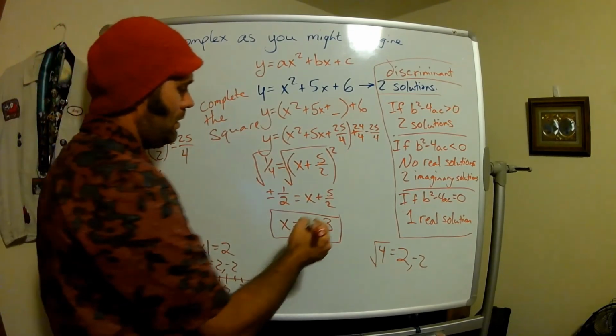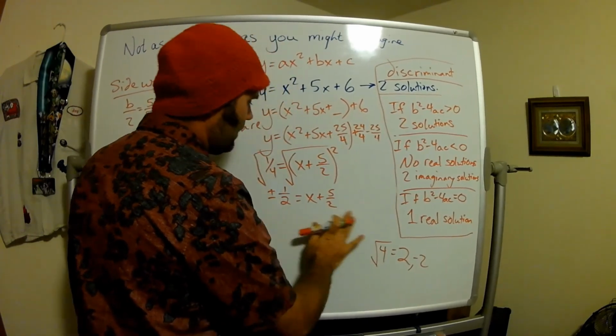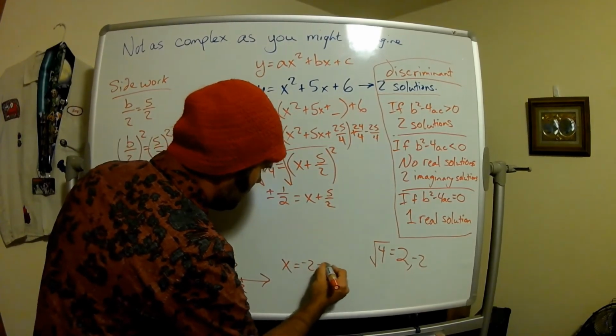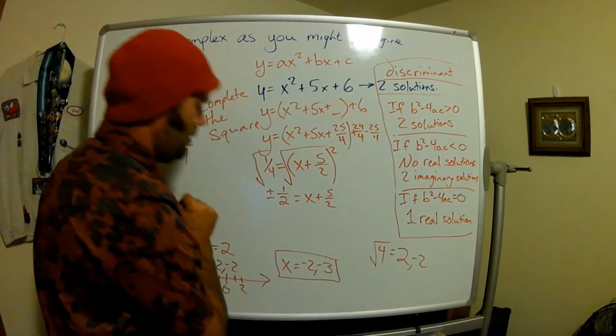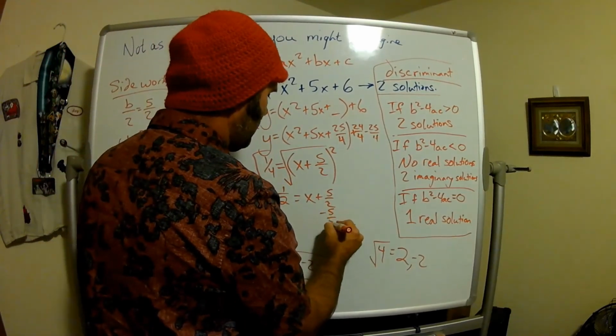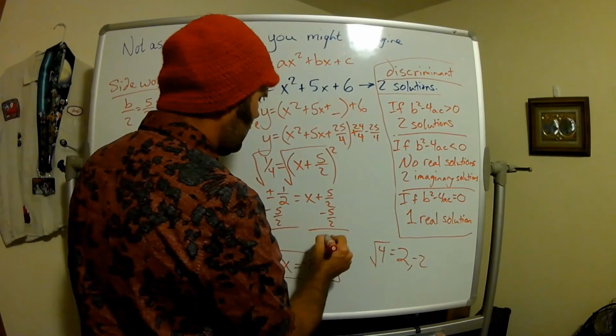Okay? So now, I didn't put the -3, -2 low enough. So we'll put it down here. It's out of our way. Okay. We're going to subtract 5/2 from both sides. And we're going to get our answer.